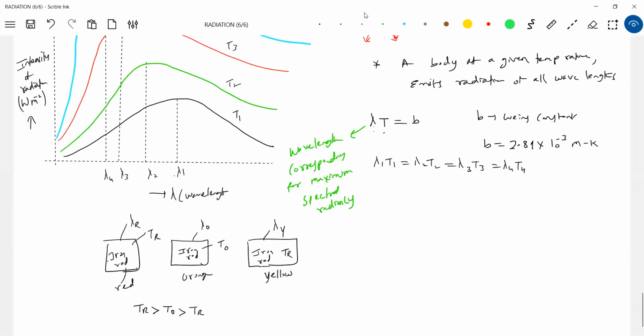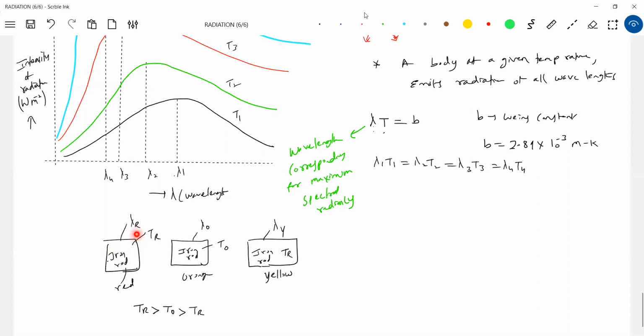Here what happens? When the iron rod is red hot, it will emit radiation of all wavelengths. Then the radiation corresponding to red color wavelength will have maximum intensity. That's why the iron rod will appear red hot. Don't think that this iron rod will emit only red color wavelength. It will emit all the wavelengths of all radiation, starting from 0 to infinity, better say.